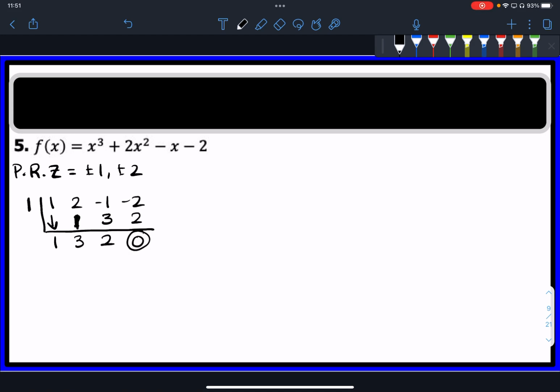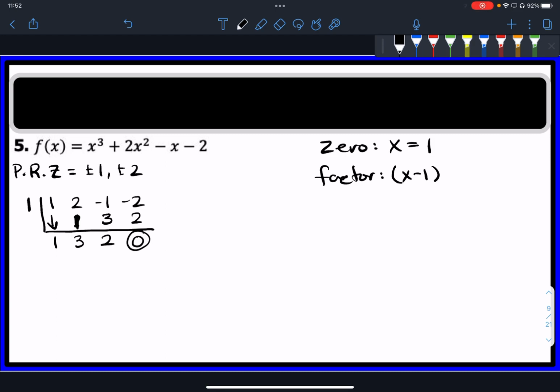That means that x equal to 1 is my 0, because my factor is x minus 1. So that is my factor, there's my 0, and again, these things correlate to each other.